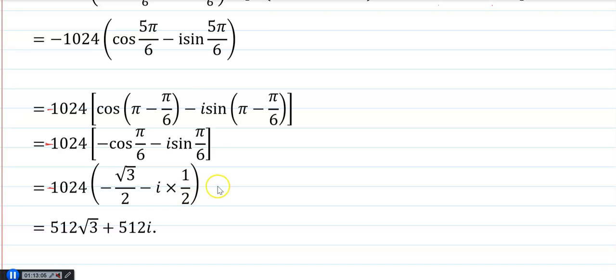If we take the multiplication, substitute the value of cos of pi by 6 as root 3 by 2 and sine of pi by 6 as 1 upon 2.